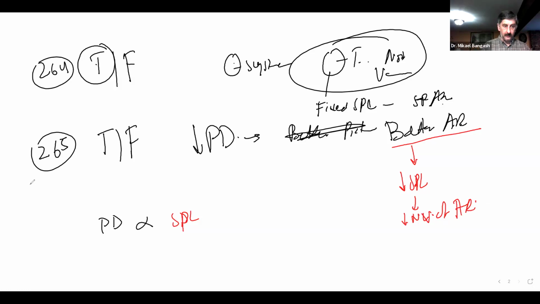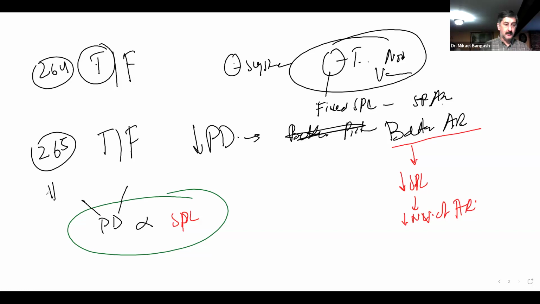Because you have to think of it in this way. How is it that these two are directly proportional? Whatever pulse we have, the pulse duration was determined by two things.